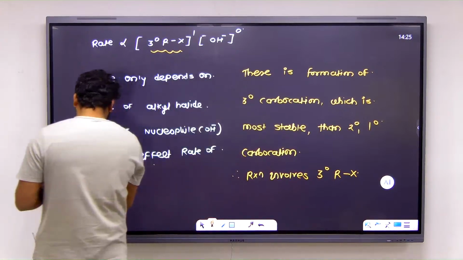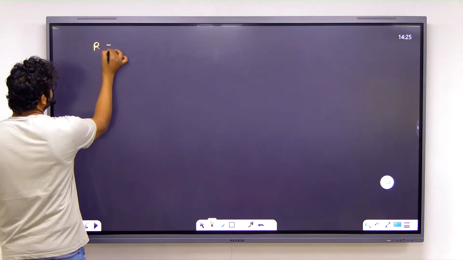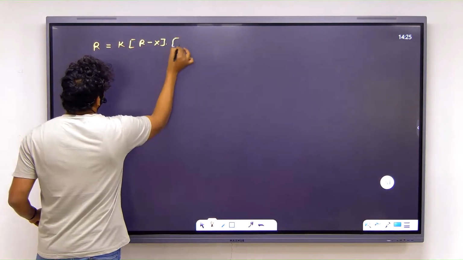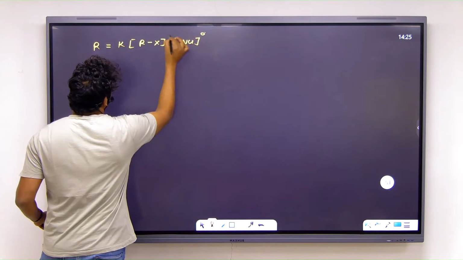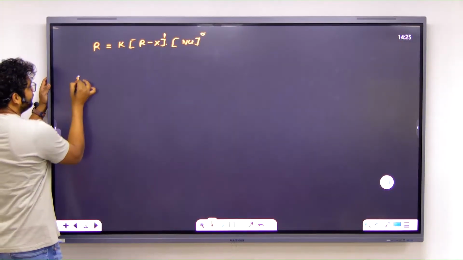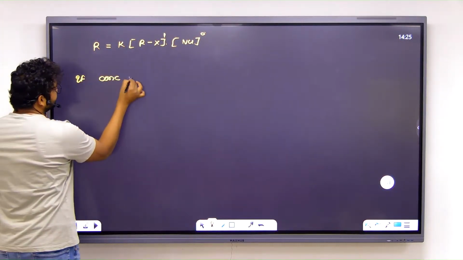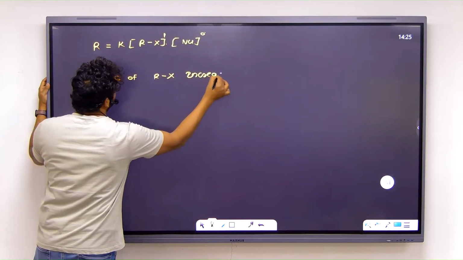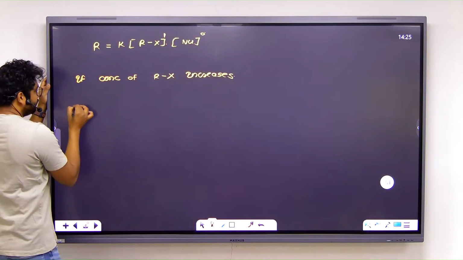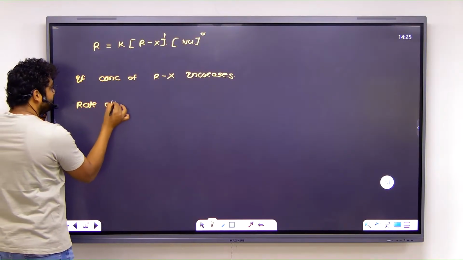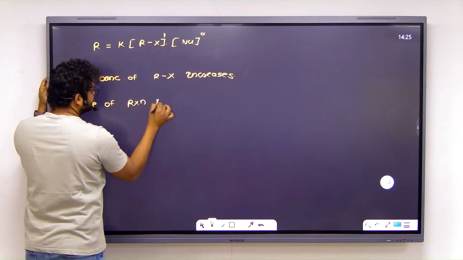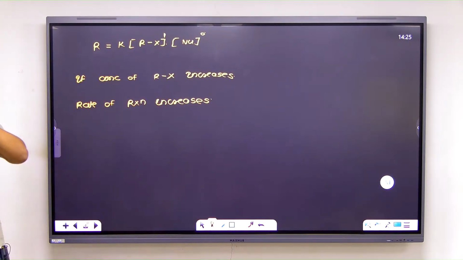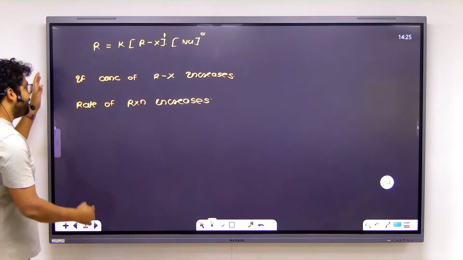So you can have the question here: if the rate is directly proportional to only Rx, and not on the nucleophile, if the concentration of Rx increases, you will observe the rate of reaction increases. By the topic called chemical kinetics, this is a first order kinetics.